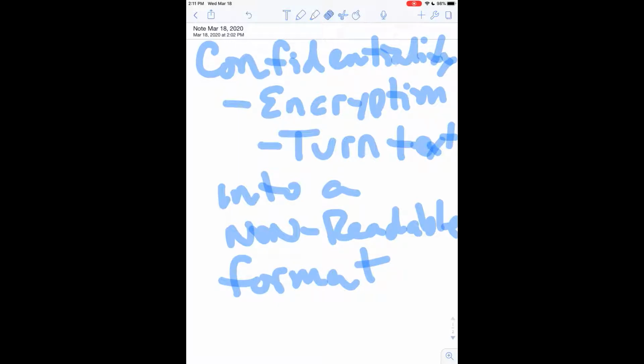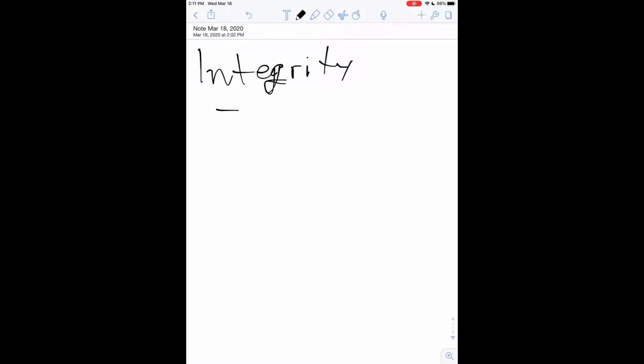Next thing we have is integrity. And integrity, again, is one of those areas where we want to verify the data that we have. This is where we ensure the data that was received was the actual data that was sent.